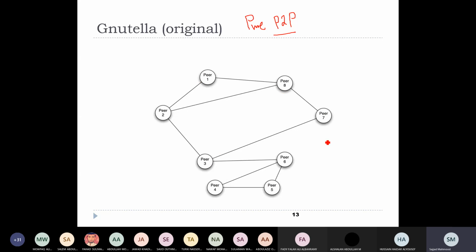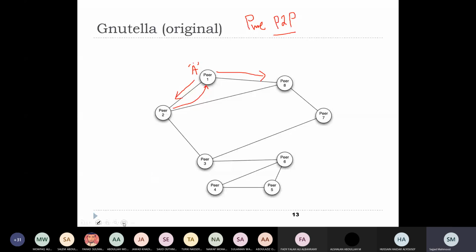Let's say peer 1 is again looking for a file A. First, they will send a request to the neighbors they are connected with and say, hey guys, do you happen to have file A? If file A is available with them, let's say peer 2 has the file, it will just send the file back to 1, and that's it. We are done.